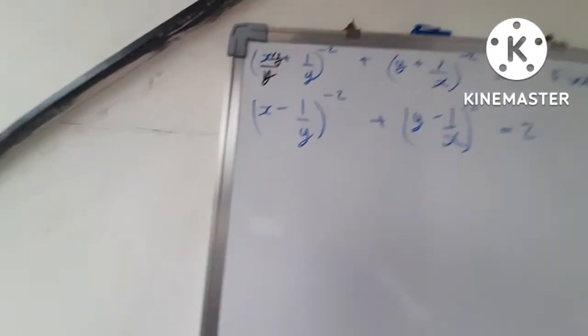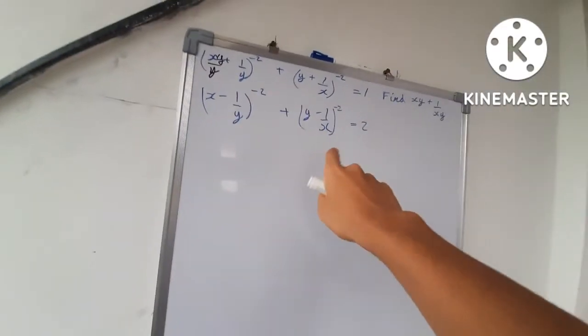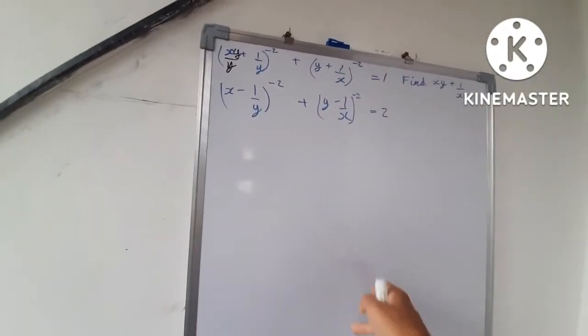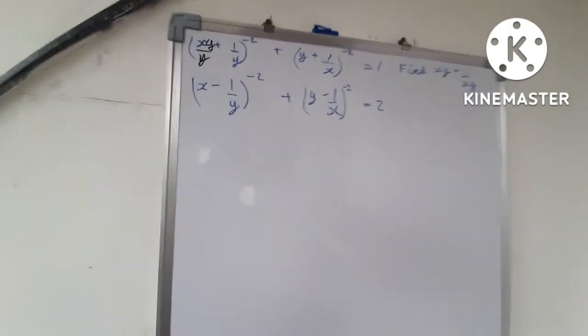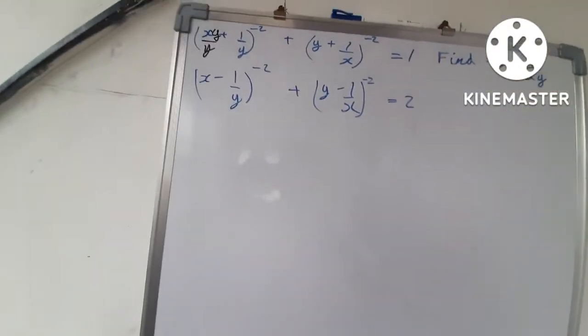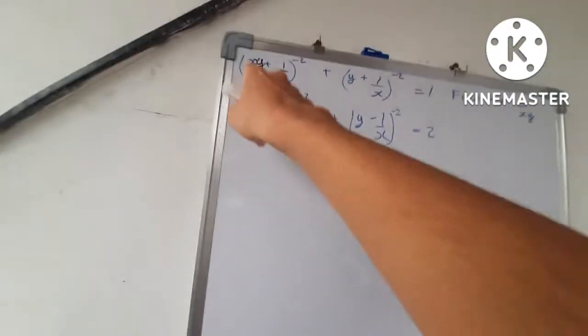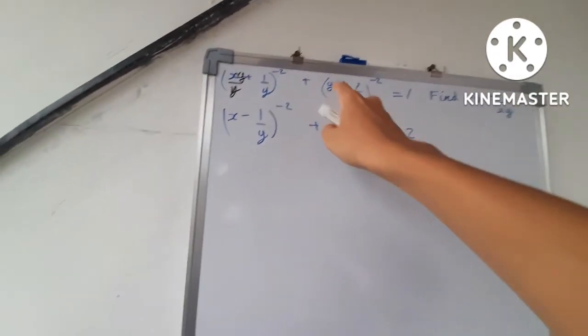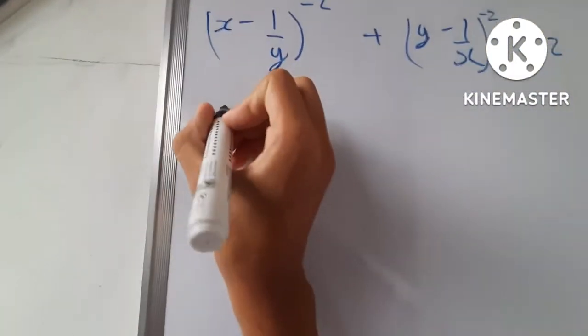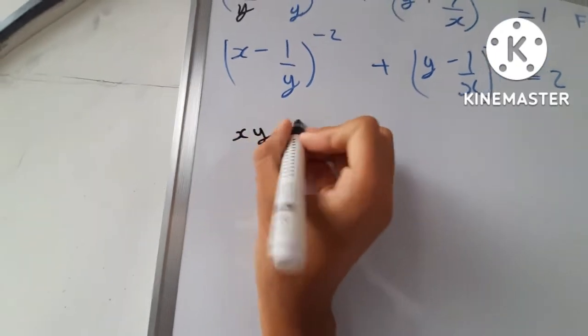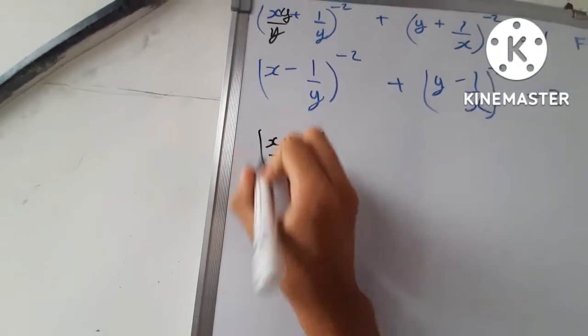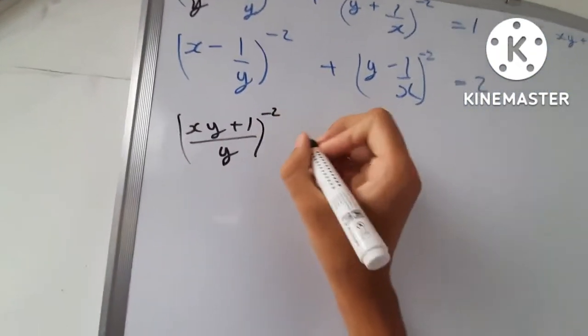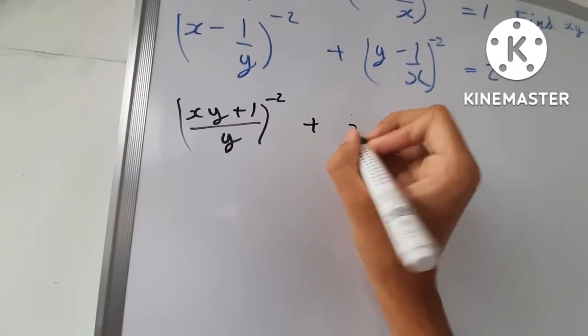Notice that the y's cancel out, and also notice that x and y, neither of them can be 0, because then life will stop existing. We do that and the same thing will happen here. So what we get is xy plus 1 upon y to the negative 2's power plus xy.